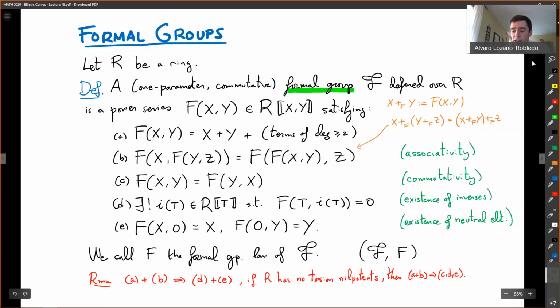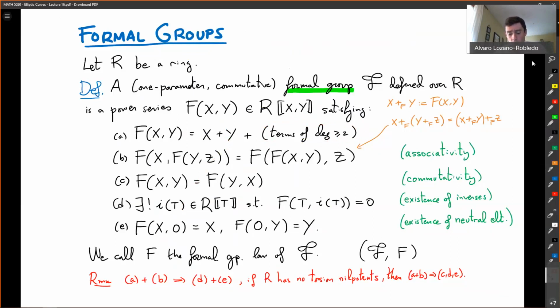We assume that there are inverses, so there is some other power series such that for every t, the power series evaluated at t is the additive inverse of it. So when we add them together, you get 0, and that 0 acts as a neutral element. By the way, you can see here that if you plug in 0, all the other terms are mixed terms, so they just vanish, and you just get x.